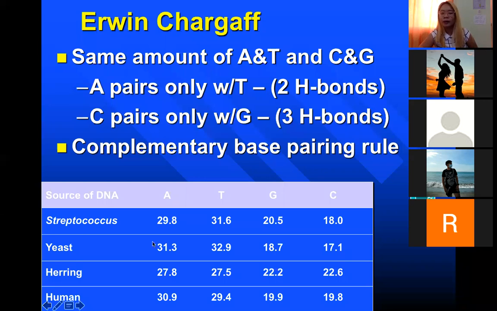Hindi kasi pwedeng ang magka-partner ay adenine at saka guanine. 30 ang adenine, yung guanine ay 20. So ibig sabihin, pag sila yung magka-partner, may mga adenine na wala siyang ka-partner. Walang guanine kasi hindi enough yung guanine na nandoon sa DNA para masabayan niya yung dami ng adenine na nandoon sa DNA.